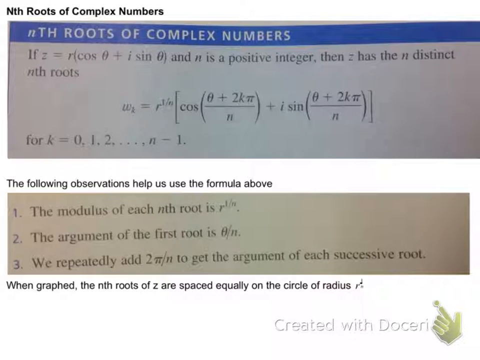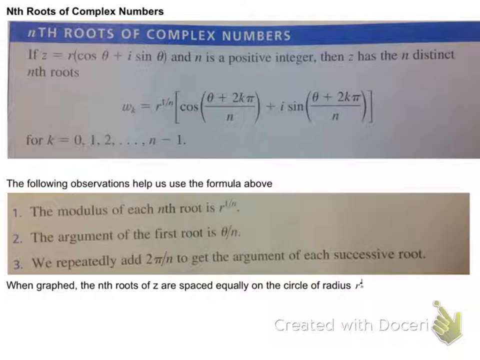So if you have your complex number z and you take an nth root, so 3, third root, 4, fourth root, 5, fifth root, z will have n distinct nth roots. So if you are finding the cubed roots, there will be 3.